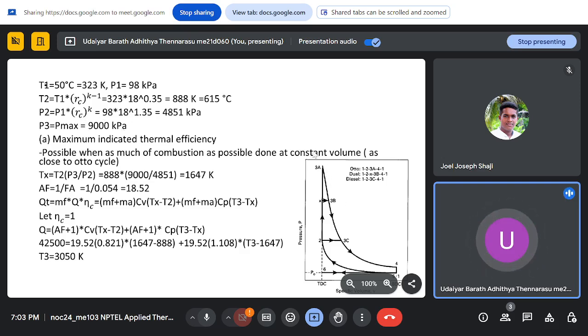Now if you draw a PV diagram, you start from 1 and compress to state 2. This pressure is only 4851 kilopascal. Now you can go by a constant volume process, where your pressure increases, to X or 3A. If you go to 3A, then you are operating as an Otto cycle. Or you can go by a constant pressure process, which is 2 to 3.